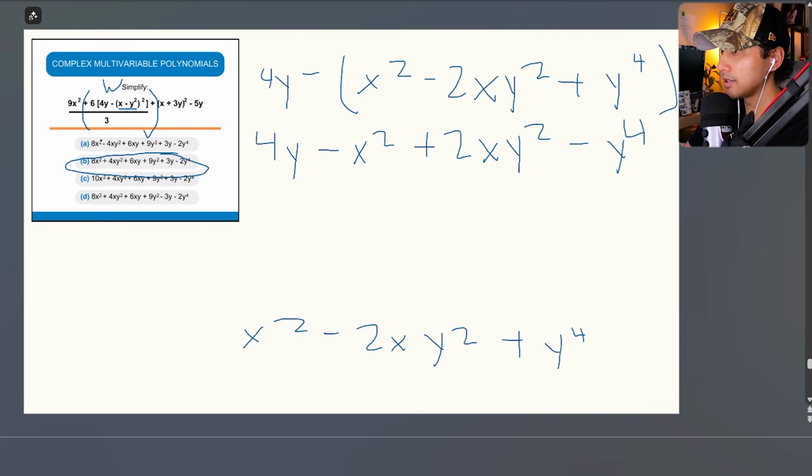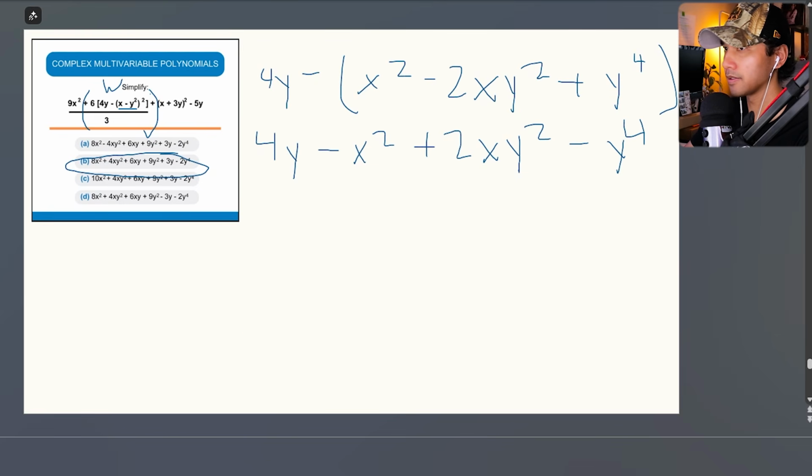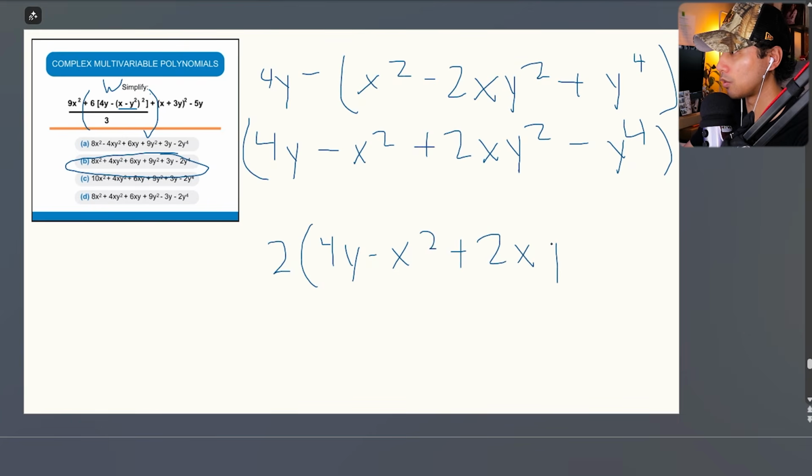And then we have to divide by the 3. I didn't show that, but I'll write it down for you guys. In brackets, we're going to have 2 times all this: 4y minus x squared plus 2xy squared minus y to the fourth.